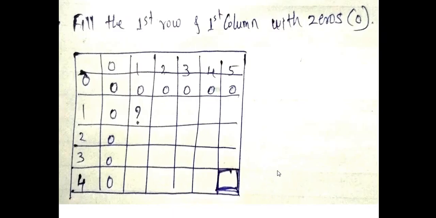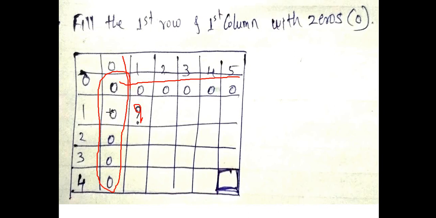Here fill the first row and first column with zeros. The next job is what? First row and first column is always filled with 0. And we have to calculate this value.